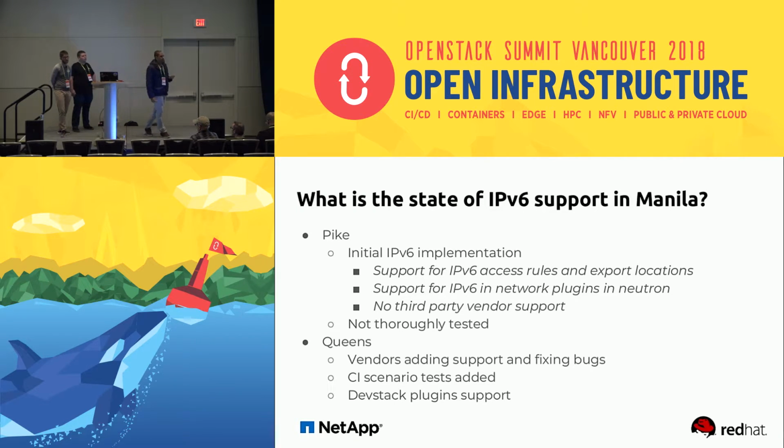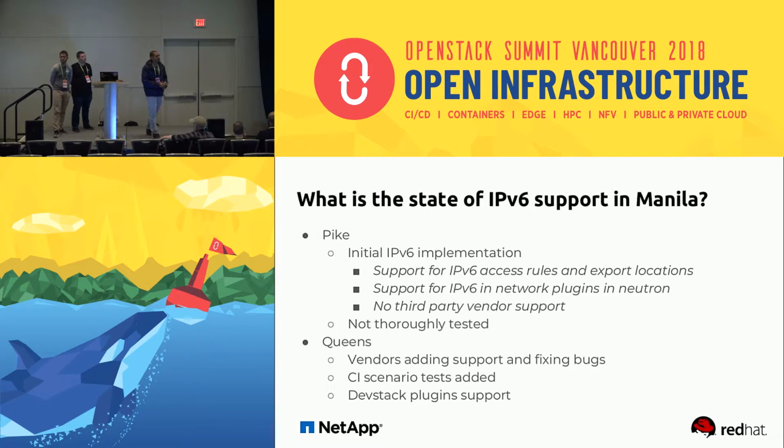We did the initial implementation of IPv6, adding support for IPv6 access rules and IPv6 export locations, and we also needed to add support in the Neutron plugins. But in this first release, we only had some testing deployments. It wasn't thoroughly tested through vendors or even through third-party support partners.